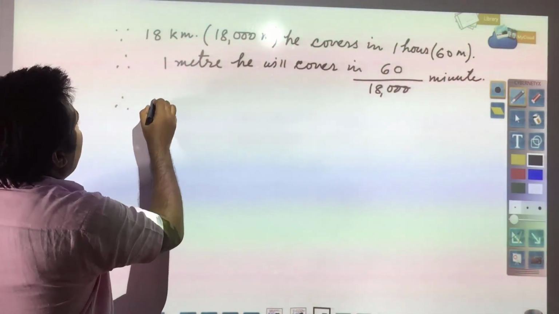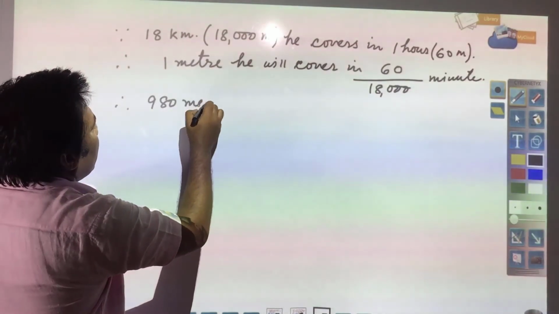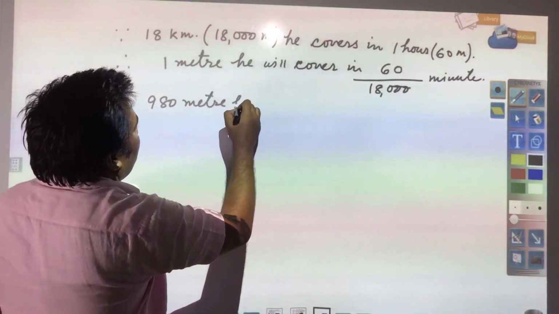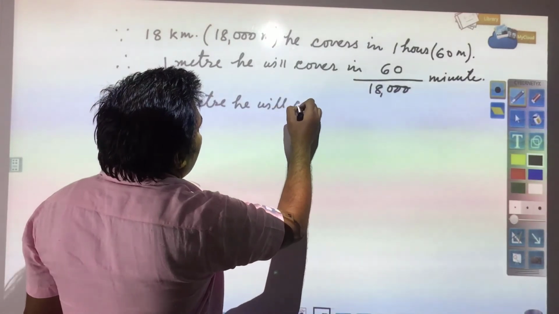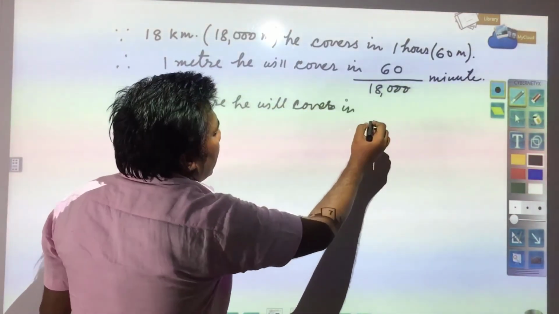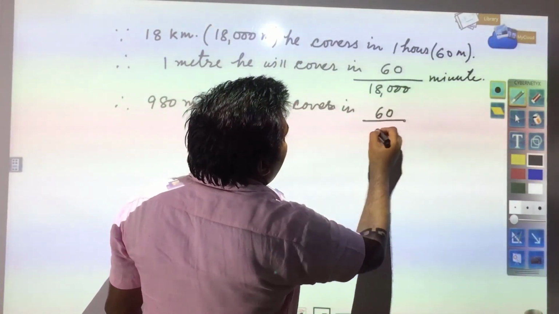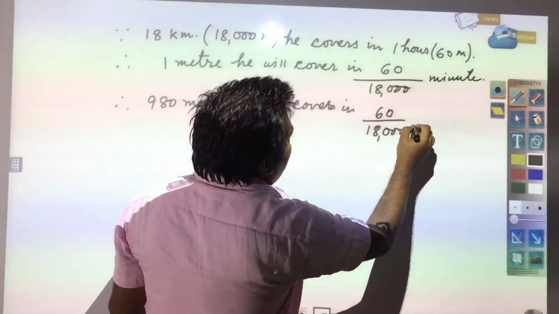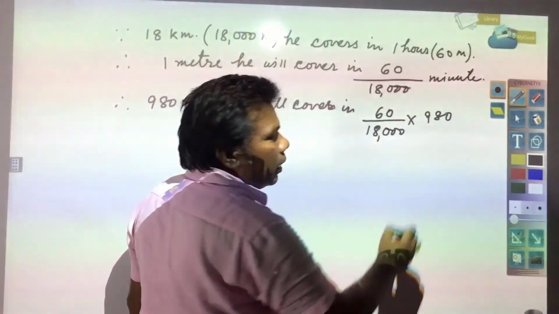Therefore, 980 meter he will cover in 60 by 18,000 into 980.